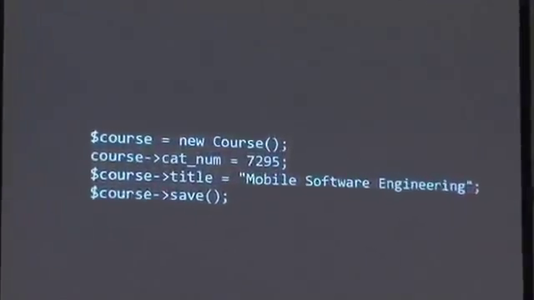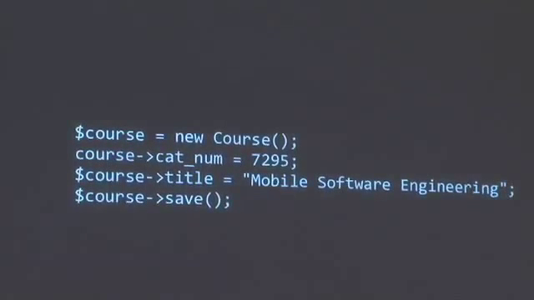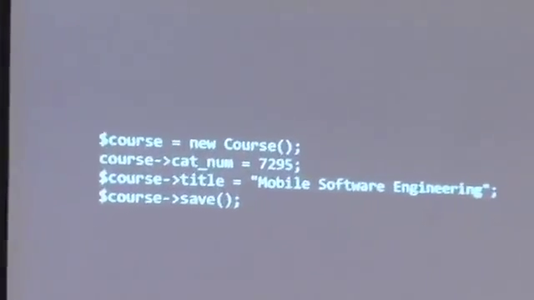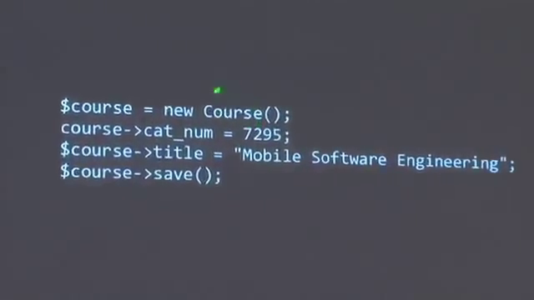In the active record model, and this is some PHP pseudocode, but it's actually syntactically correct. In active record, if you want to insert a new course into your database, you don't use the insert query for SQL. You instead create a new object, which in this case is called Course. So capital C Course.